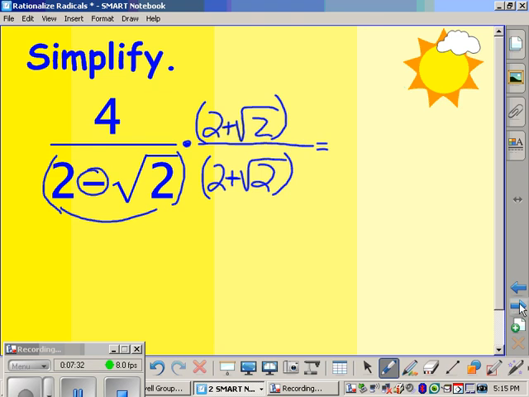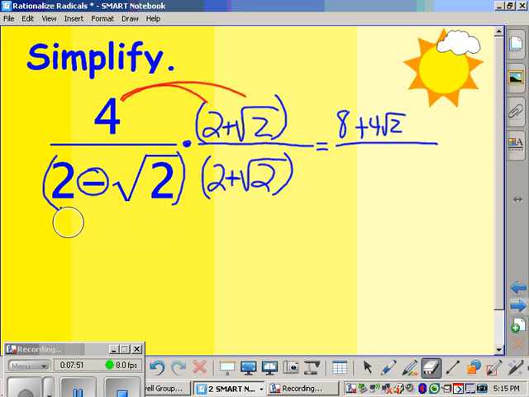Now in the numerator, we're going to take the 4 and distribute it, or multiply it, to both terms. So 4 times 2 is 8, and 4 times radical 2 is 4 radical 2. In the denominator, we will have to actually FOIL 2 minus radical 2 times 2 plus radical 2.